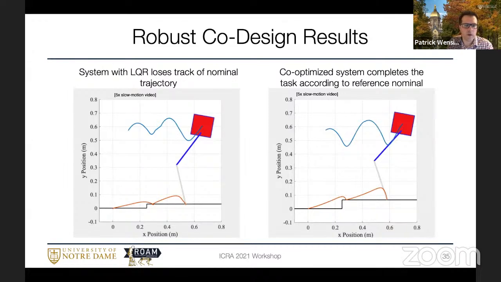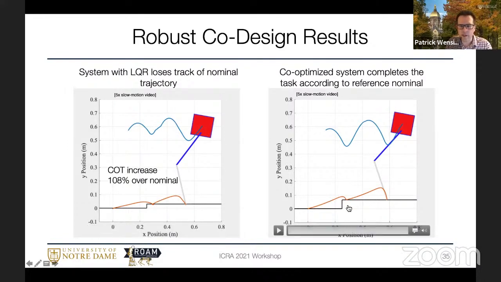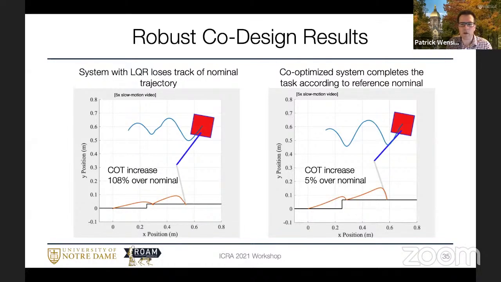And the results were pretty exciting. Over here on the left, if you're not thinking about design when trying to create these trajectories for hopping, you get a 108% increase in the cost of transport when you have a small disturbance. Whereas over here on the right, you have a larger disturbance, and because you've designed the system to be robust to those cases, we only see a cost of transport increase of 5% over the nominal.